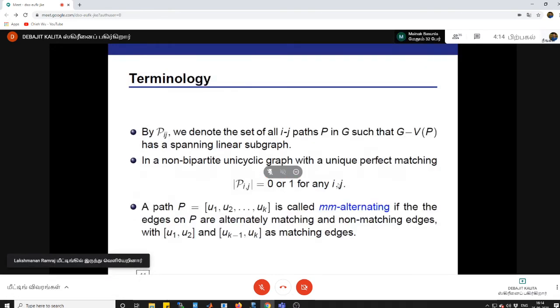Before we proceed, we have some terminology. By Pij we mean the set of all ij paths P such that G minus V(P) has a spanning linear subgraph.